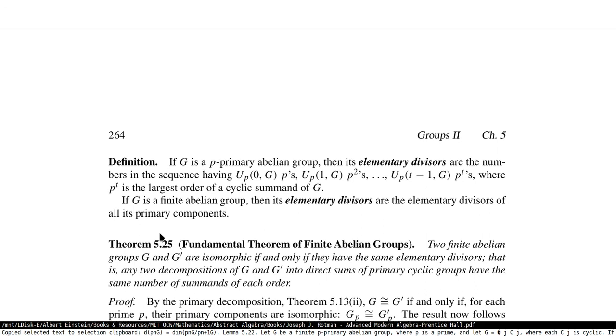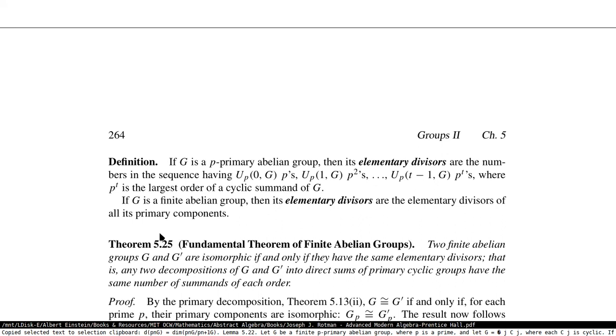The last thing we need to know is the elementary divisors. If G is a p-primary abelian group, then its elementary divisors are the numbers in the sequence having U_p(0,G) p's, U_p(1,G) p squares, up until U_p(t-1,G) p^t's, where p^t is the largest order.